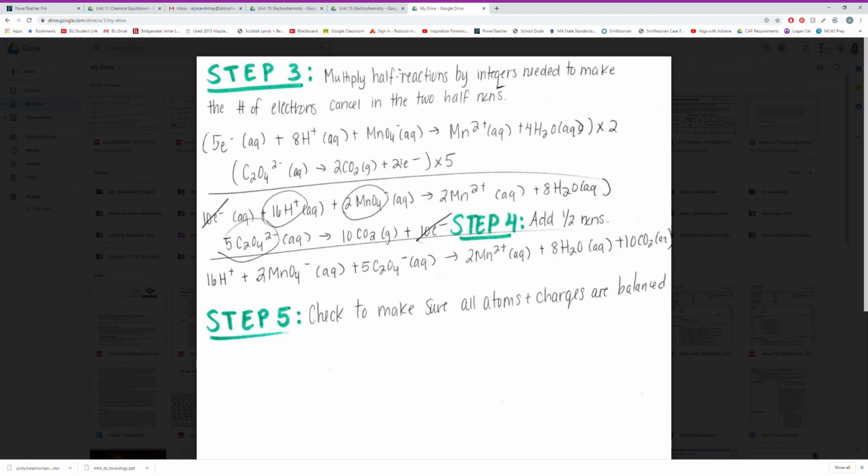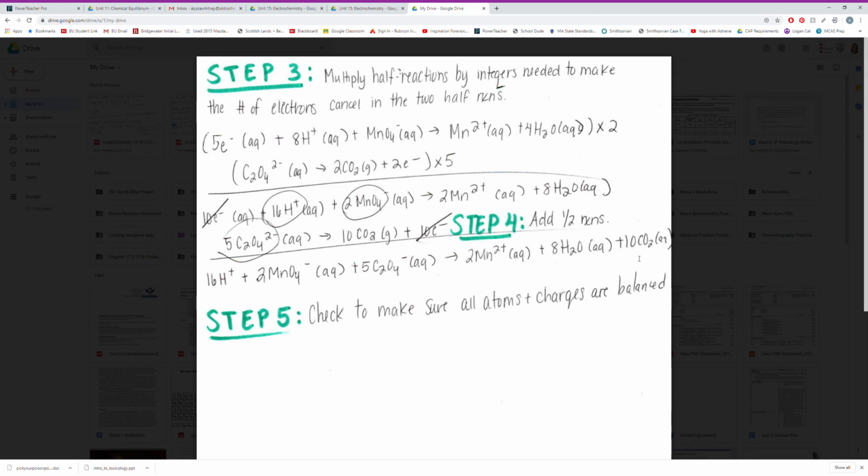And so, unfortunately, the nearest common factor is 10. So I had to multiply this whole reaction through by 2, which isn't that bad, but I had to multiply this guy through by 5. Make sure you distribute it to everything. But now I have 10 electrons, 10 electrons, those cancel, and I can add the half reactions together.